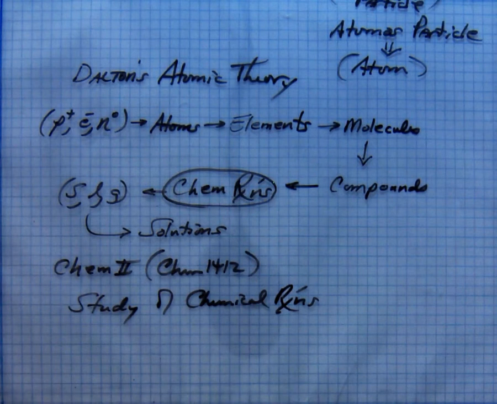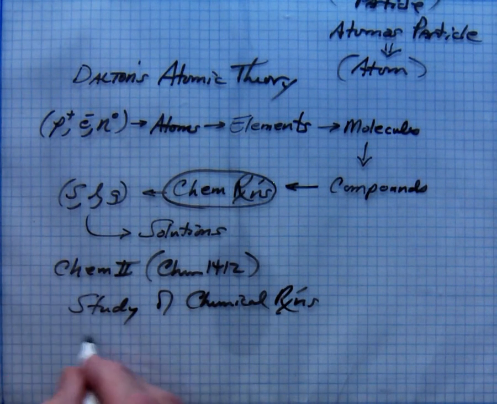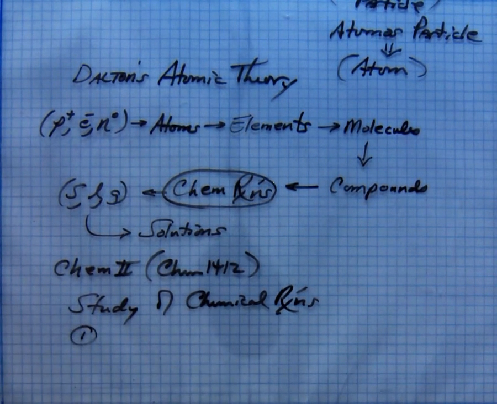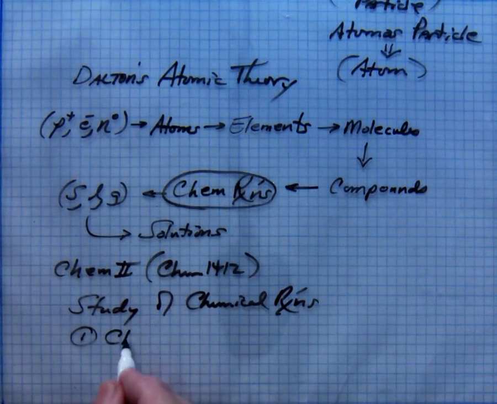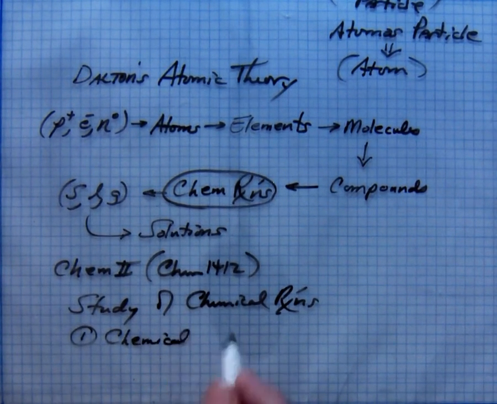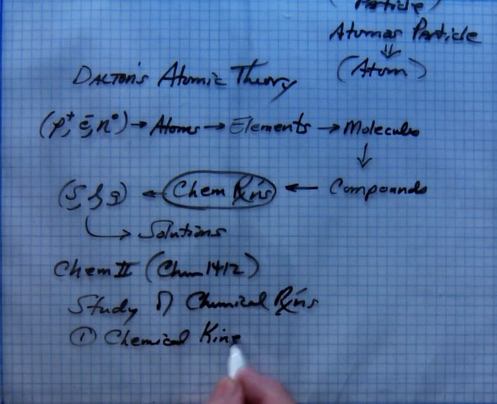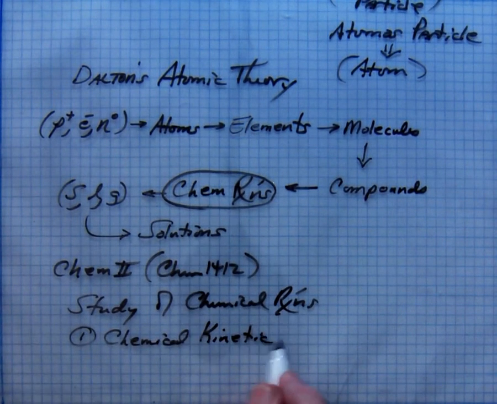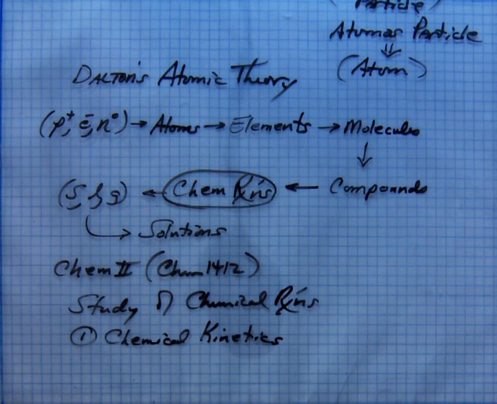At any rate, how do you study chemical reactions? Okay? That's what I'm here to teach you. There are 3 ways to study chemical reactions. 1, 2, 3. The first one we're going to look at is chemical kinetics. Chemical kinetics deals with the rate, speed, how fast of a reaction.